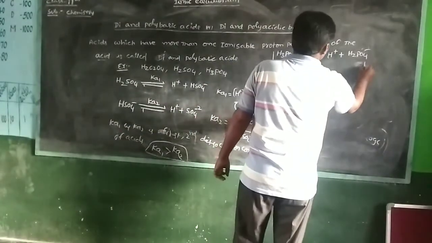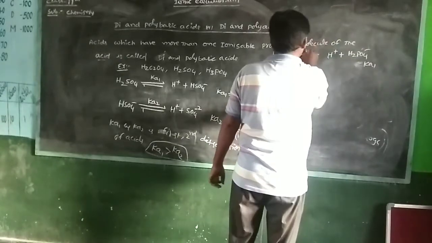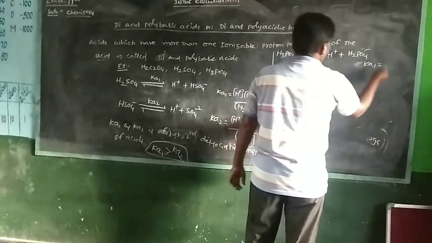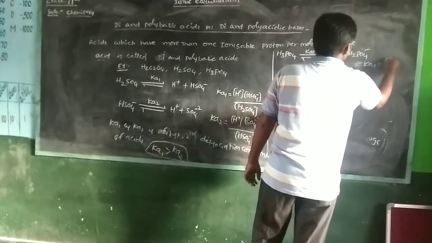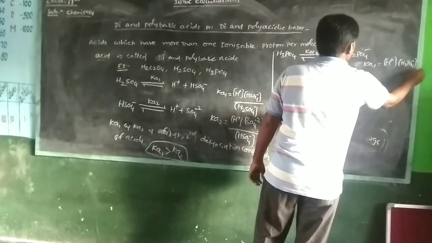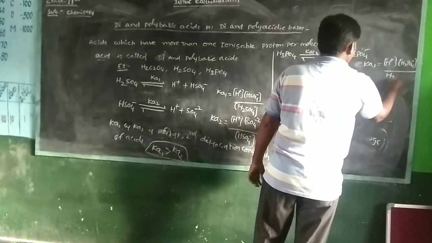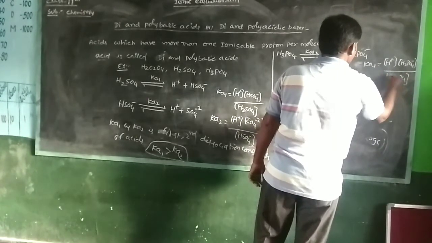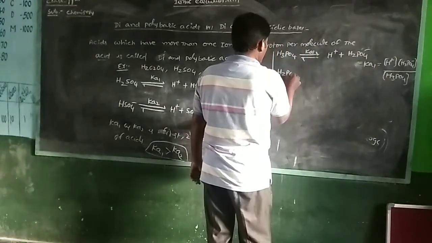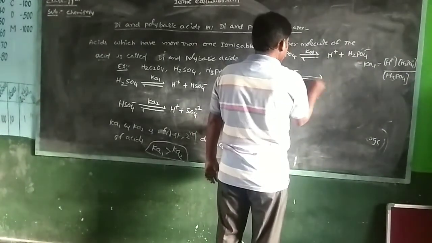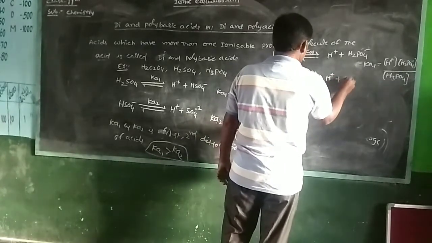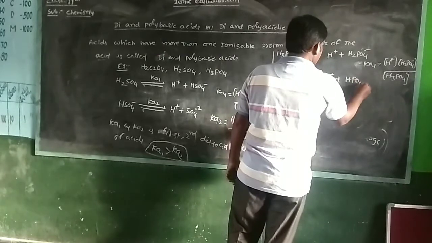This is Ka1, the first dissociation constant: H plus times H2PO4 minus upon H3PO4. Another one: H2PO4 minus in a reversible reaction gives H plus and HPO4 minus 2.